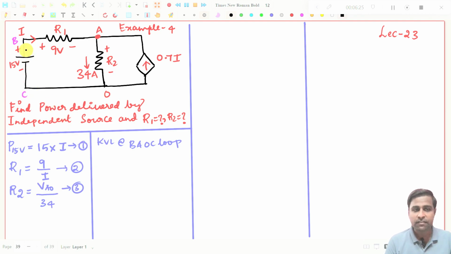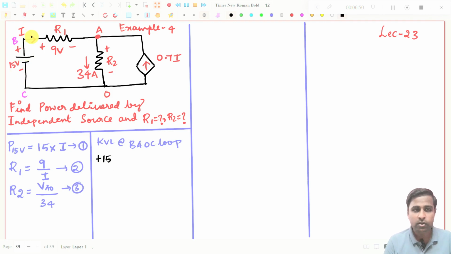I will start from this point and go in this way and come back to this point again, because the current is given in this direction. Traveling from minus to plus in the voltage source, the value is 15, so this is plus 15 volt.